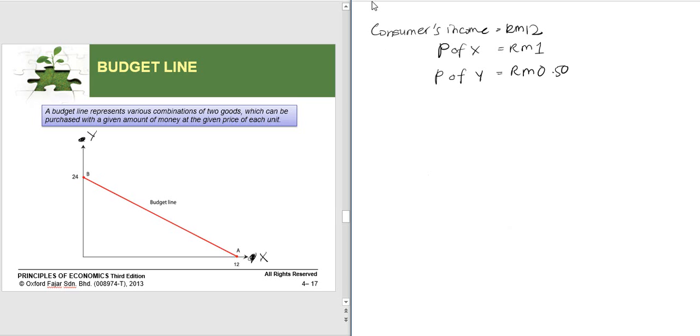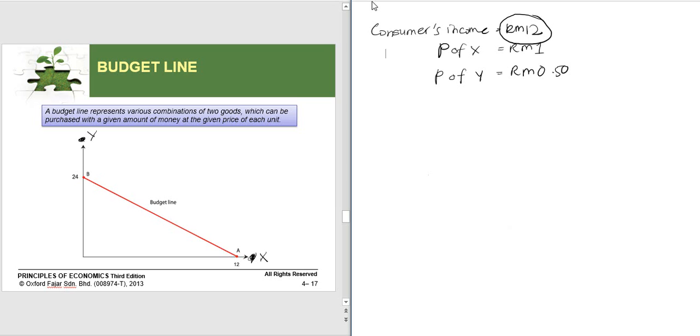So now we want to know, with the income that the consumer has, which is RM12, what is the maximum units of product X that the consumer can buy, and what is the maximum units of product Y that the consumer can buy. So with that 12 ringgit, how many of product X can the consumer buy?